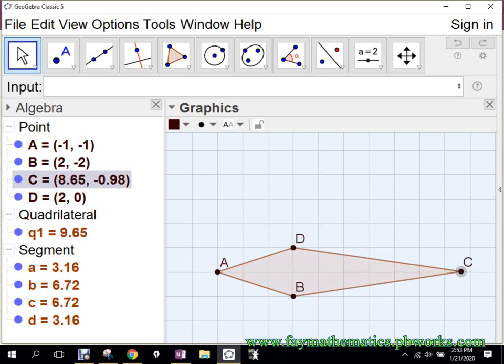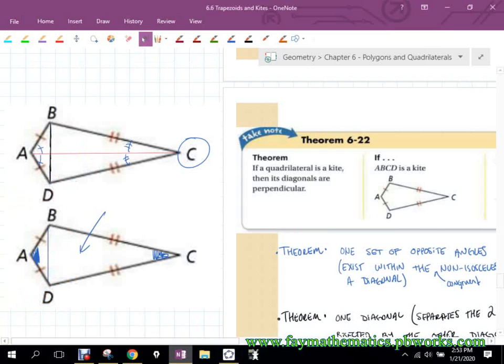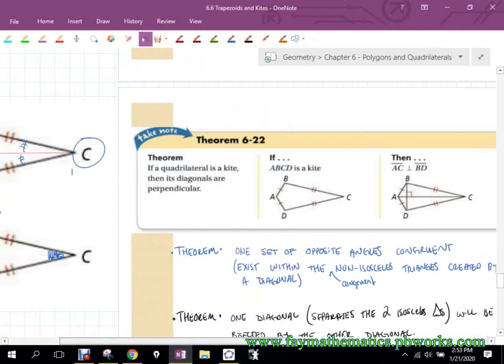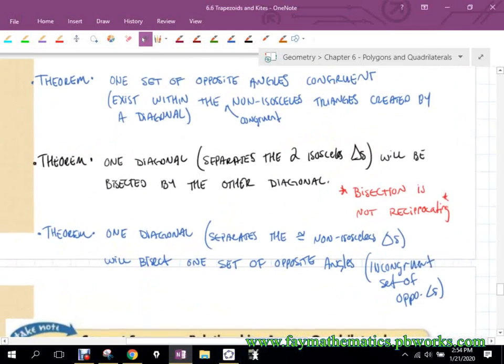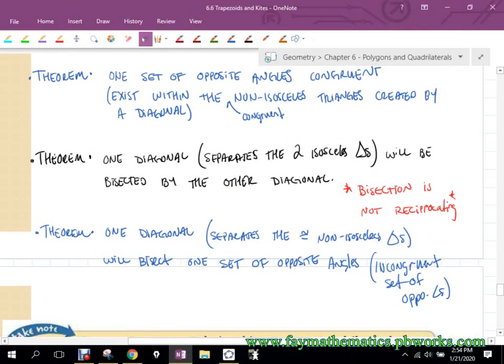All that changes the moment I look at this and pull that point that way. Now angle A and angle C are going to get bisected. Angle D and angle B are congruent. DB will get bisected by AC. We just have to be able to locate those, and hopefully these theorems and how we stated them allow us to do that adequately.